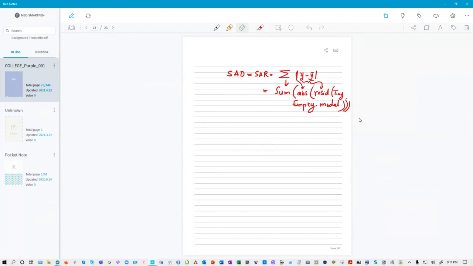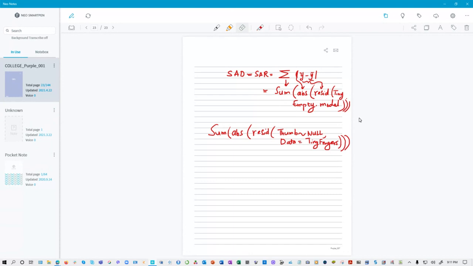You can say sum abs residual. Whose residual? You can say lm of thumb tilde null, comma, data equals tiny fingers. Close it, close it, close it.